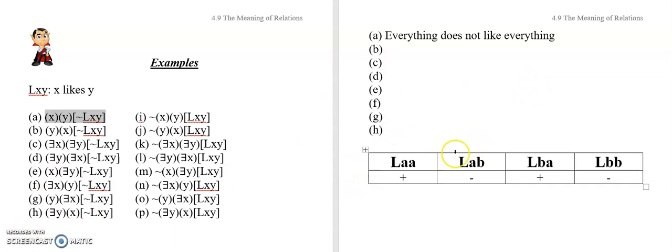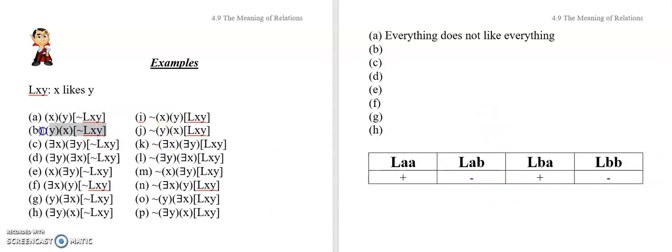On this domain, it's going to be false, because, for example, we have this plus here and this plus here. In order for this statement to be true, everything has to bear not-L to everything. You would have to have minuses across the board, which we don't have, so it's false on this particular domain.